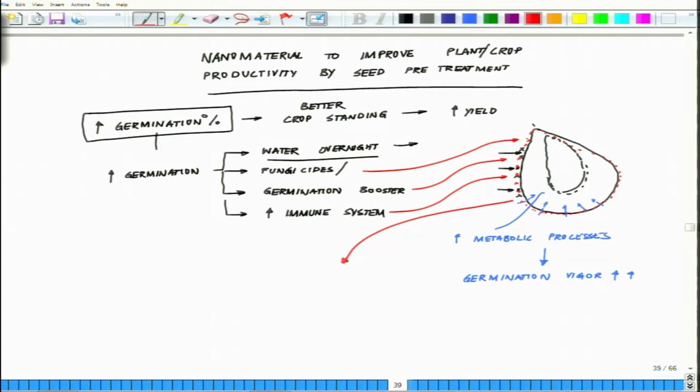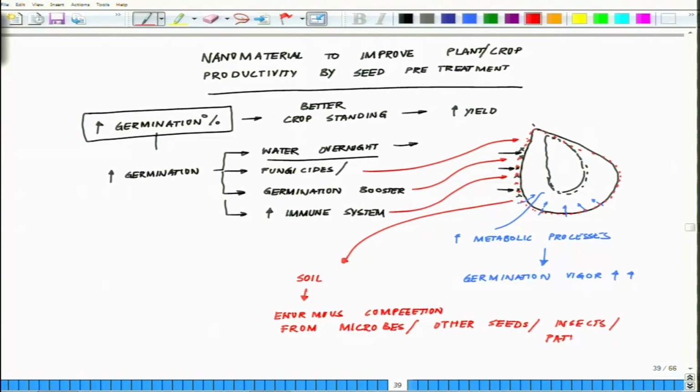So, once the plant is into the soil, there is enormous competition from microbes, who are competing for food, from other seeds of the same family as well as from other families, and from different insects and other pathogens.